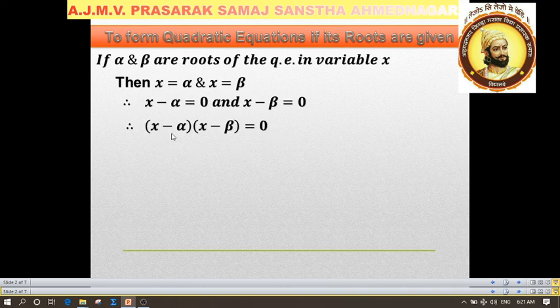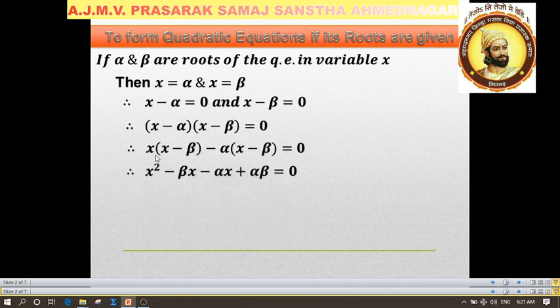Now taking product of these two binomials, multiply by x to the second bracket minus alpha into second bracket. We have x into x minus beta minus alpha into x minus beta. Therefore x into x, x square, minus beta x minus alpha x minus alpha into minus beta, plus alpha beta is equal to 0.